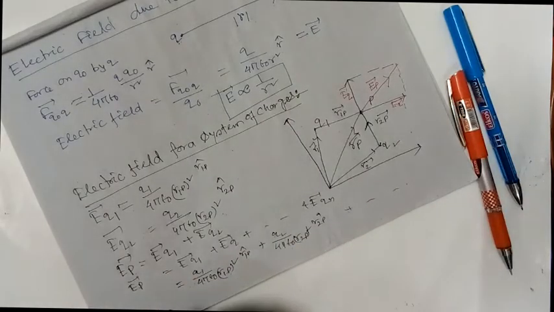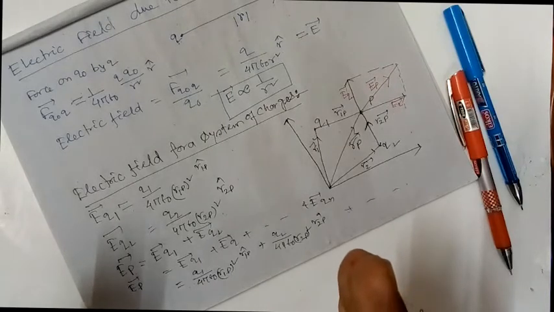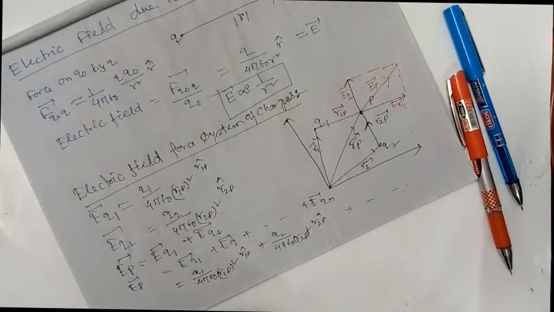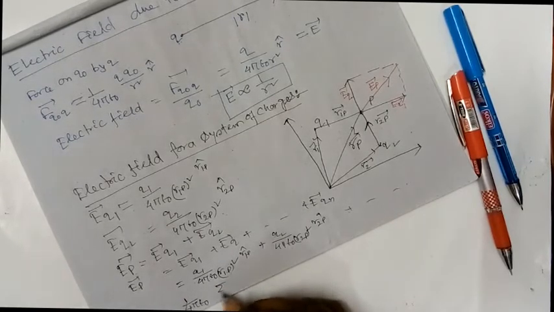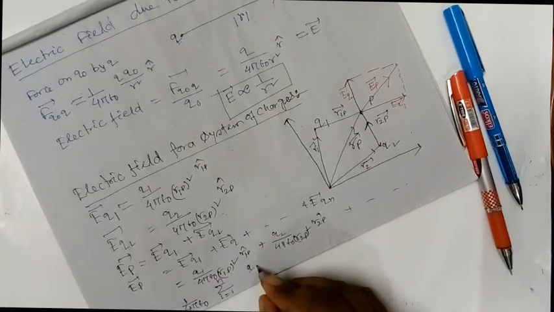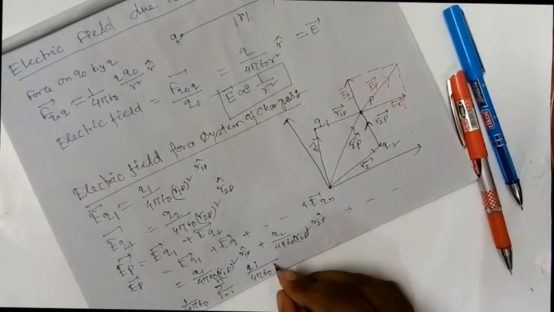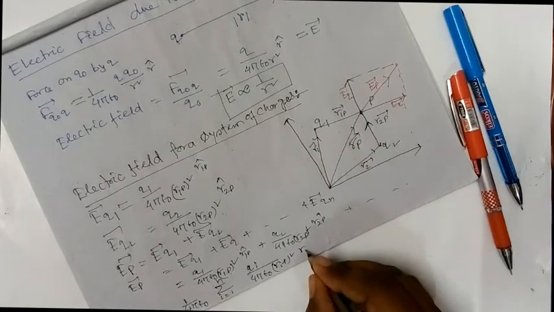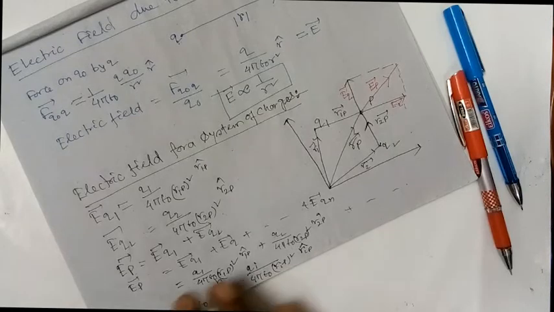So here if I want to write it in general form, EP should be the summation of i equals 1 to n, Qi by 4 pi epsilon naught RiP whole square RiP cap. Okay, that is the general form.